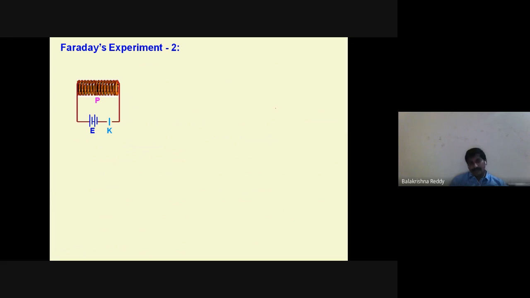Faraday's experiment 2. Till now we have done it with the magnet and coil, right? Now we are going to do this experiment with the same coil and an electromagnetic coil. An electromagnet works when there is a current flow.